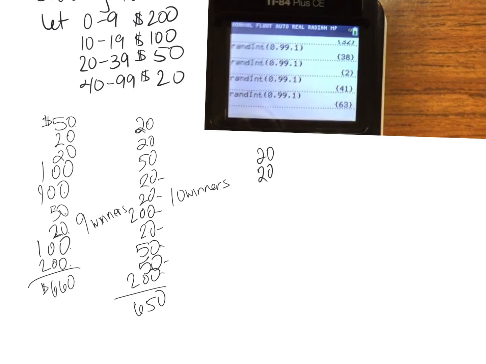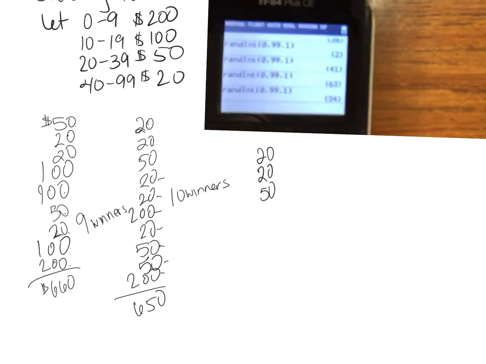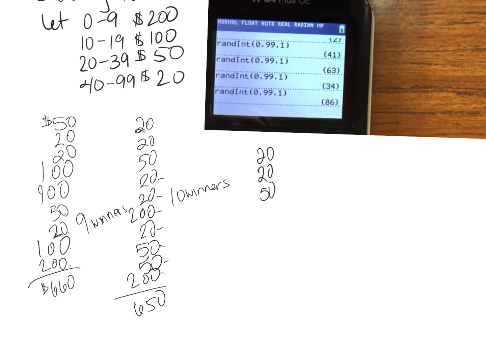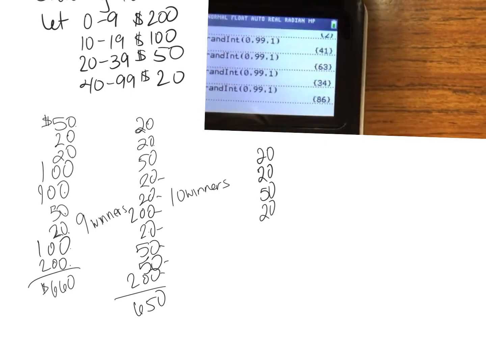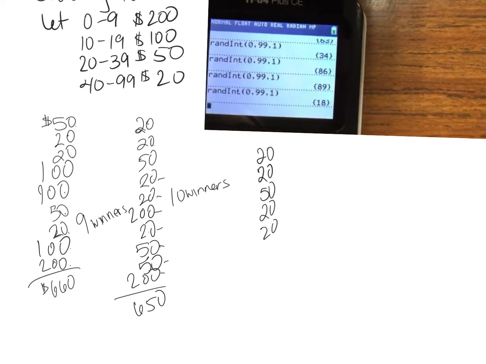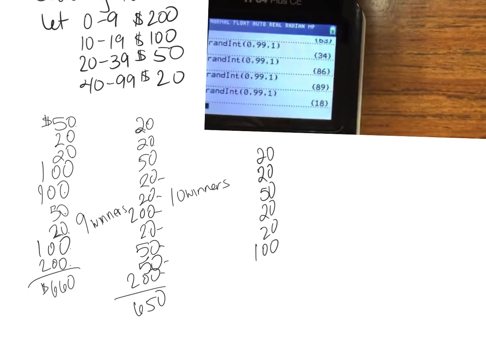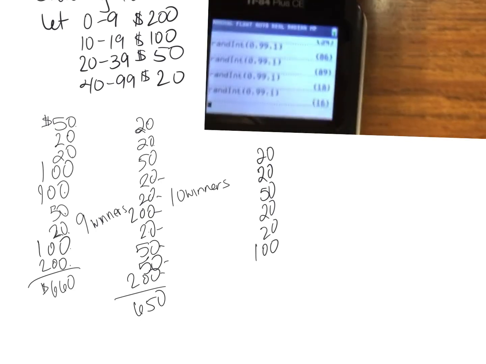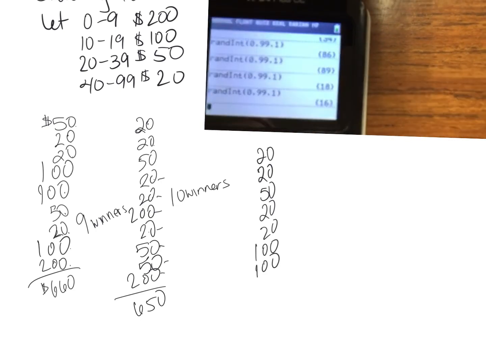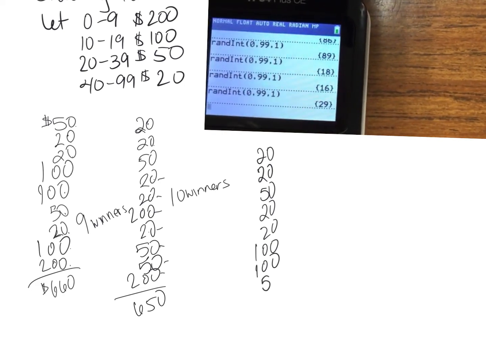Represents $20. 34, 20 to 39 is 50. 86, 20. 89, 20. 18. 18 is 10 to 19, so that's 100. 16 is another 100. 10 to 19. 20 to 39 is another 50.